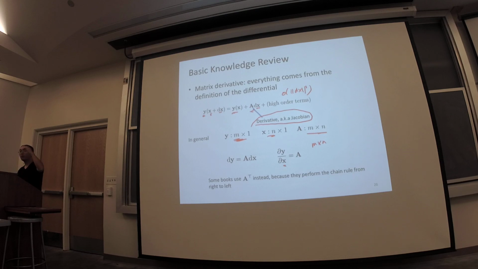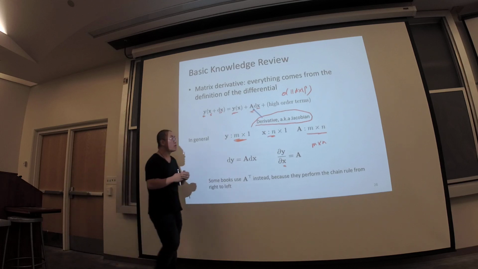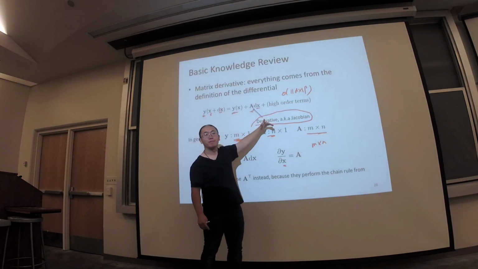So the rows follow the length of the output, the function output, and columns follow the length of the input. So we choose the consistent definition of the Jacobian matrix.